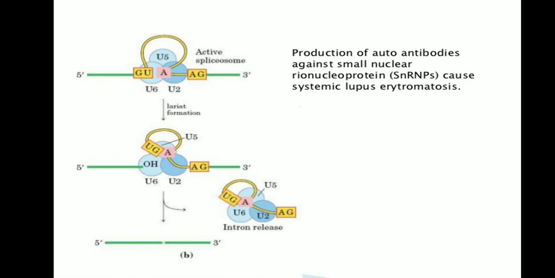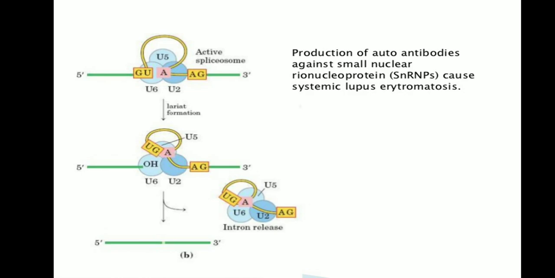Okay, so you can see here the E complex with the U1, U2 and SF1 bound to the branching site. Then the B1 complex will form with the trimer binding, U5 at the 5 prime, and U6 binding to the U2.